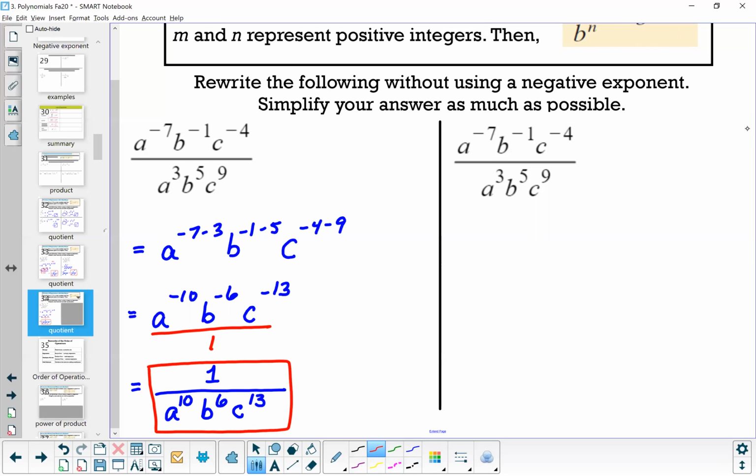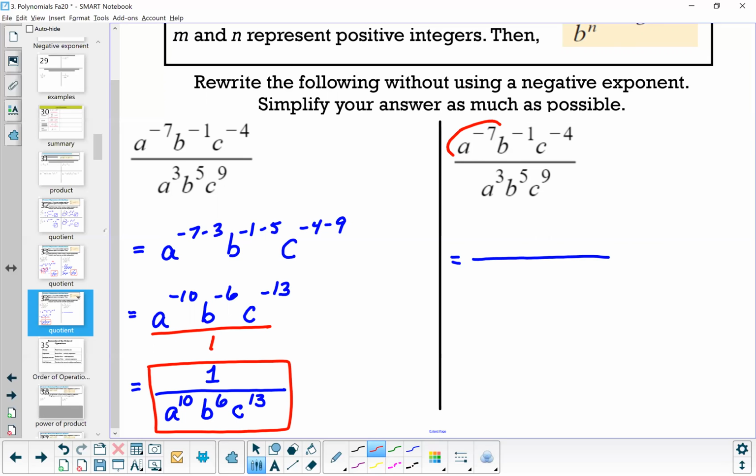All right, alternative to that would be beginning with taking the reciprocals of any factor that has a negative exponent. So if I start with my numerator, every factor is being taken across the fraction bar.